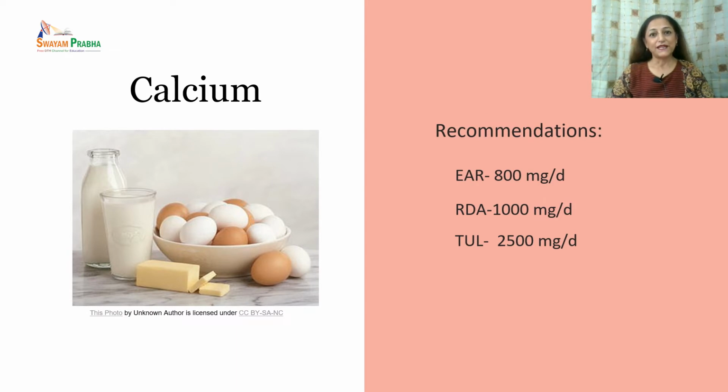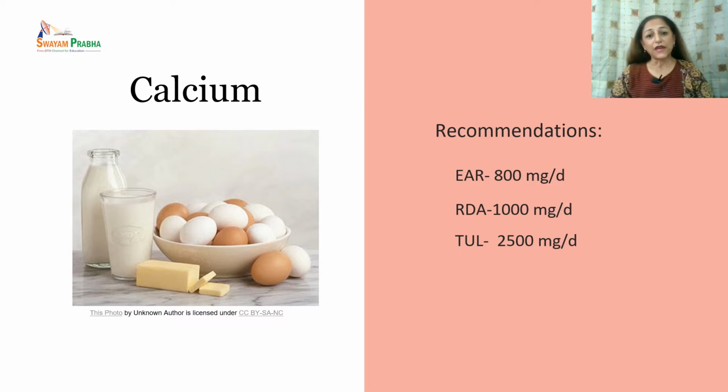Indian Council of Medical Research has therefore recommended an EAR, estimated average requirement, of around 800 milligrams, and the recommended dietary allowance has been set at 1 gram, that means 1000 milligrams, which takes care of the total calcium needs of the mother and the additional needs of the pregnancy, provided the intake of all other nutrients is sufficient. So that is why no additional allowances are suggested by the team.